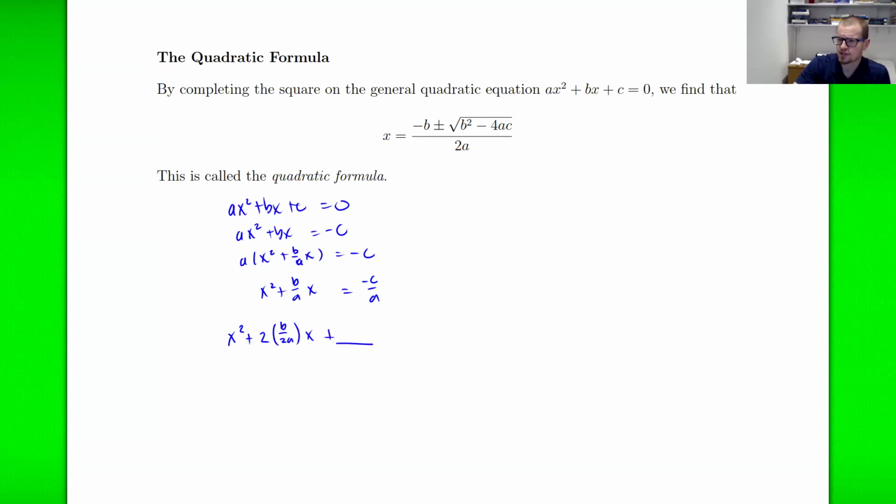I want to add something to complete the square. This is equal to negative c over a. And whatever I added to complete the square, I have to add to both sides. Now, this is precisely the thing that I need to add: this thing squared. So I have b over 2a squared that I'm adding to both sides. That looks pretty good.